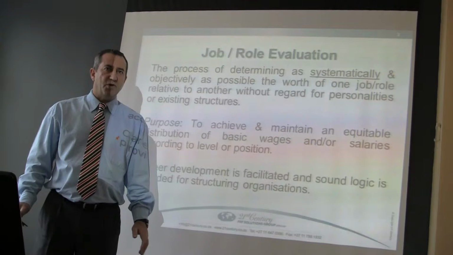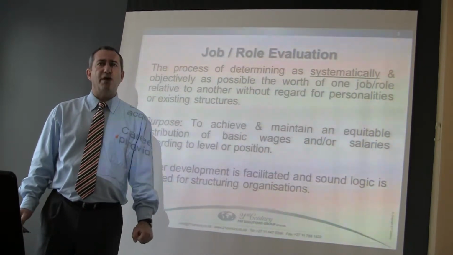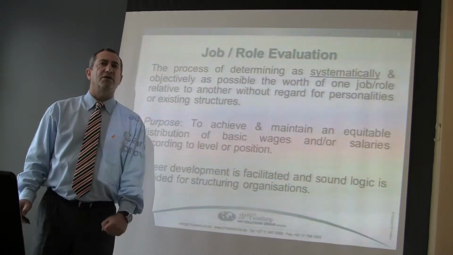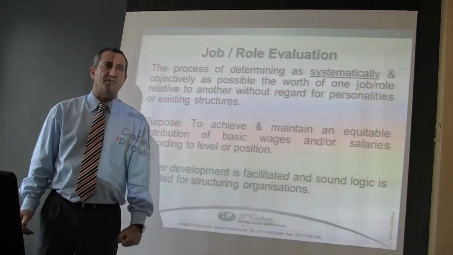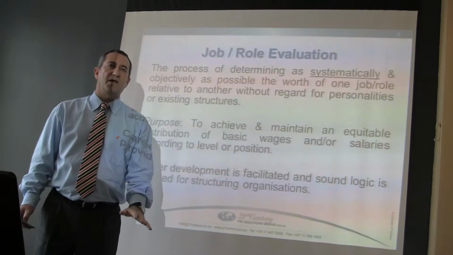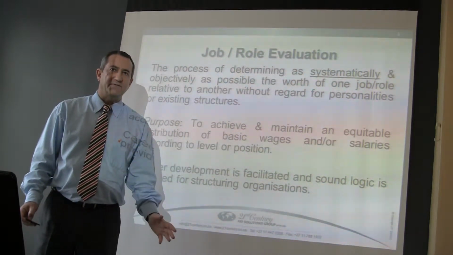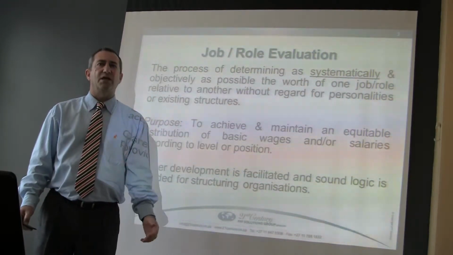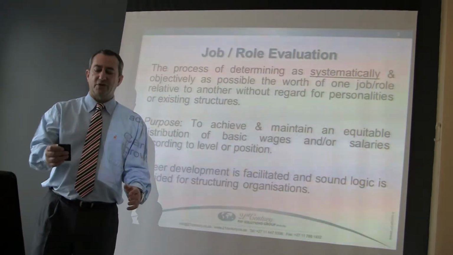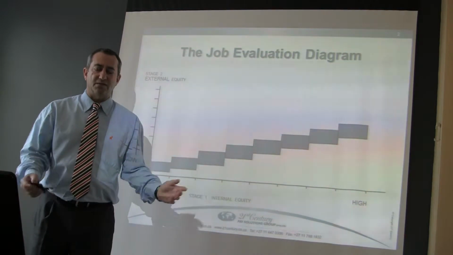We think that there's a 0.94 correlation between all grading systems in the world. So it doesn't matter which system you're using, the outcome will probably be the same. You'll get the CEO at the top, and you'll get cleaning folk and tea folk at the bottom of the organization. The purpose, of course, is to try and get a salary structure in place, something similar to that.